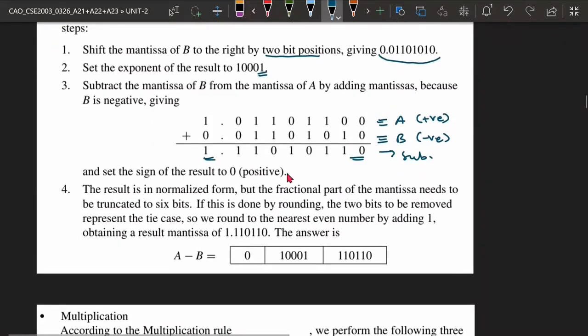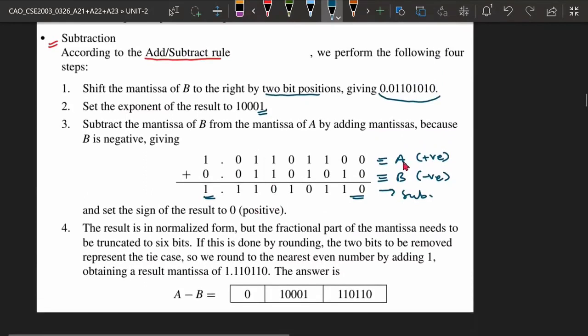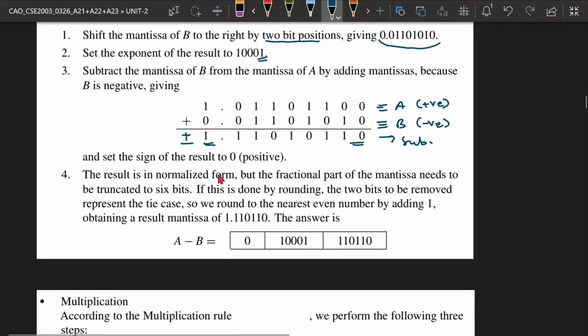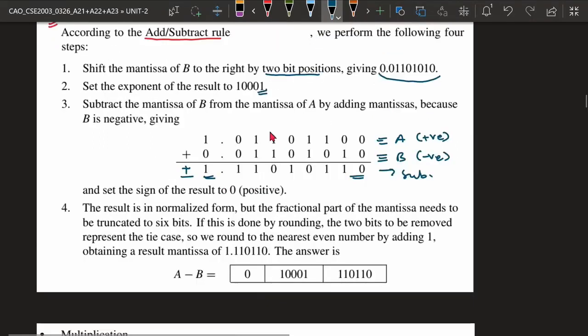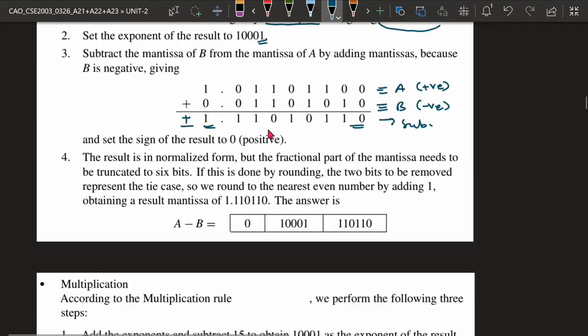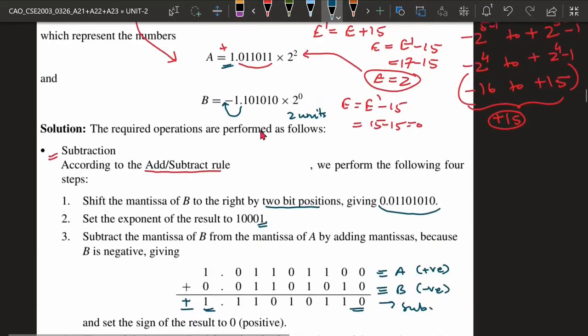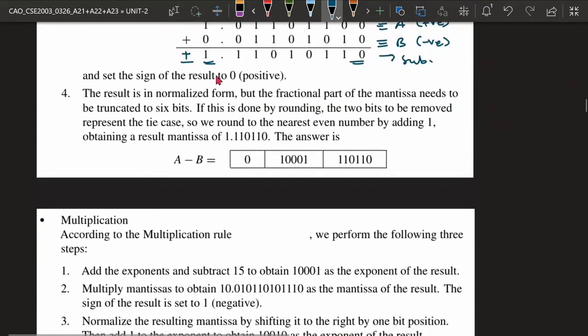Because we have basically subtracted the lower number from the higher number, the result will be positive itself. Once it is positive, after doing the operation we will again represent it in floating point representation. So after doing A minus B, the sign is positive, so we will make the sign bit 0.